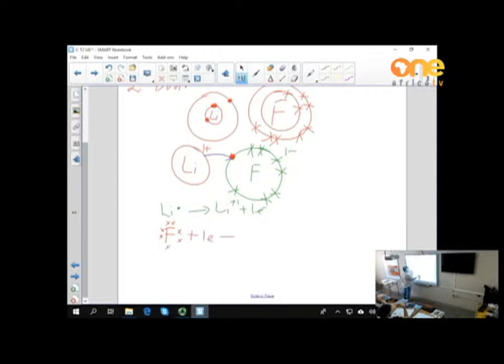It is going to gain 1 electron and form a fluoride ion: 1, 2, 3, 4, 5, 6, 7, and there's the one that's gained, -1. And what do we end up with? Lithium ion plus a fluoride ion gives me lithium fluoride. Yes, this is actually how you get to this.